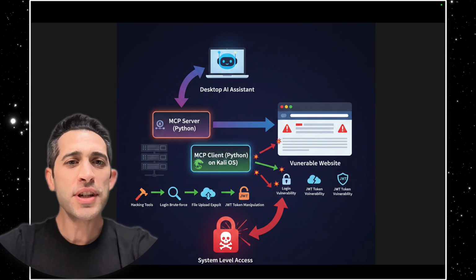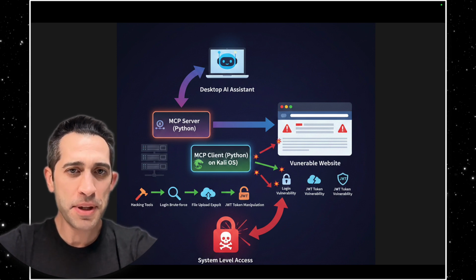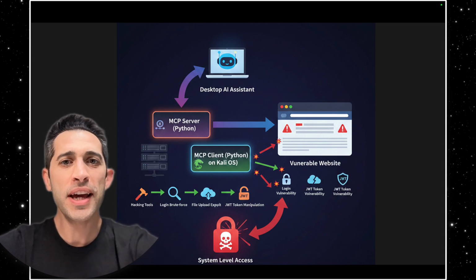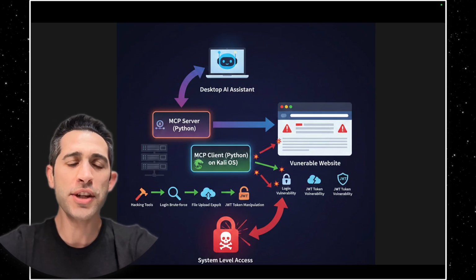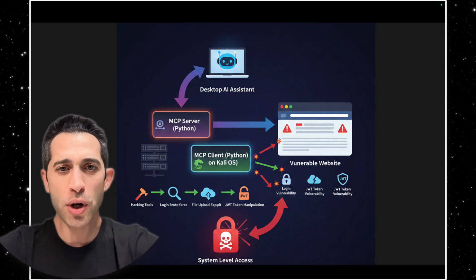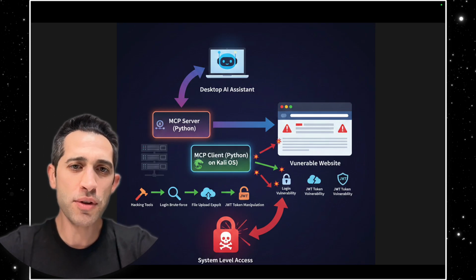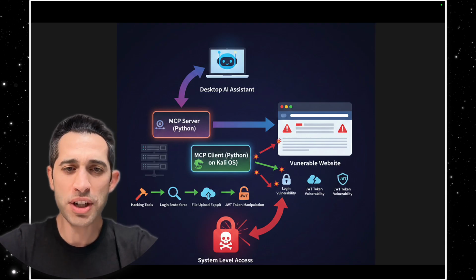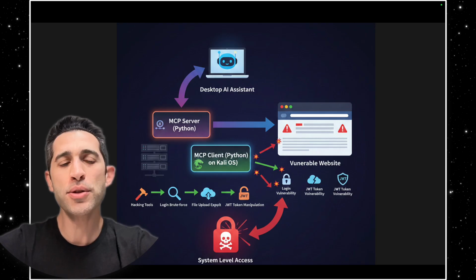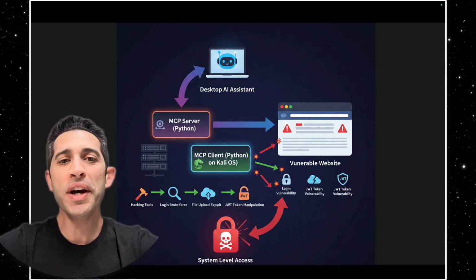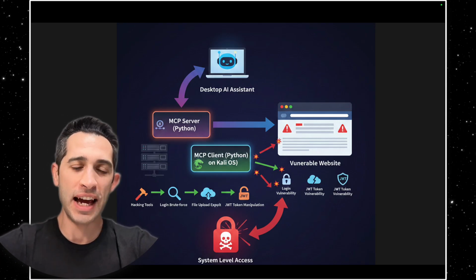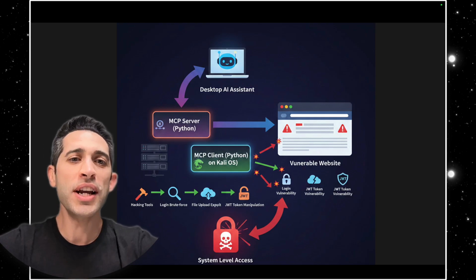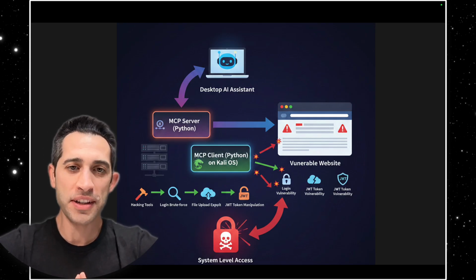The second component is an MCP server. The desktop AI assistant will connect to an MCP server. Basically, this MCP server is implemented with Python code and stored on a server. This Python server will query an MCP client, which is running on a Kali operating system.